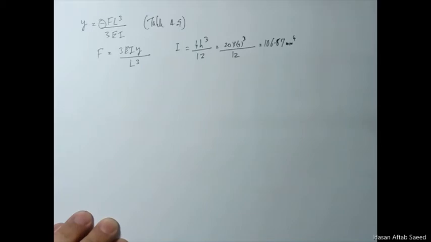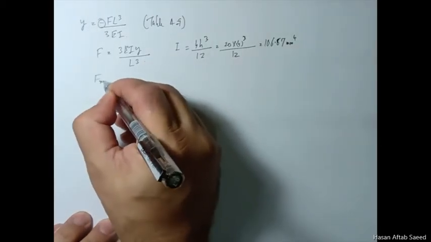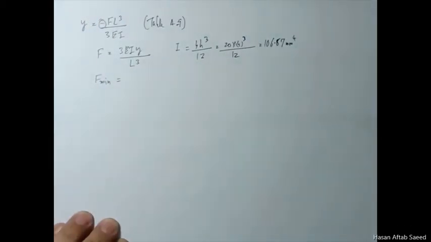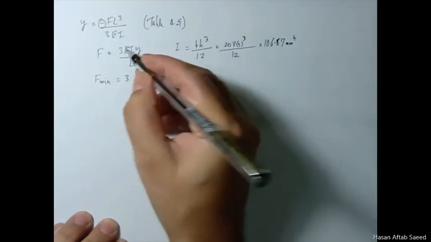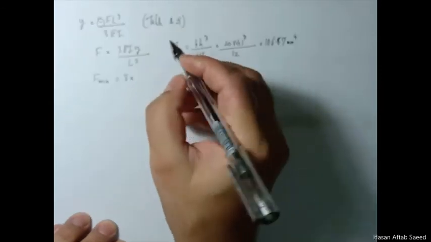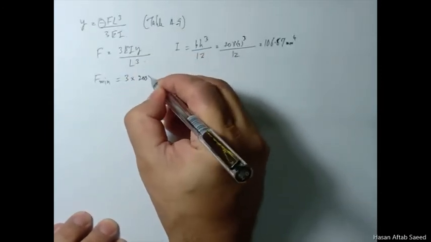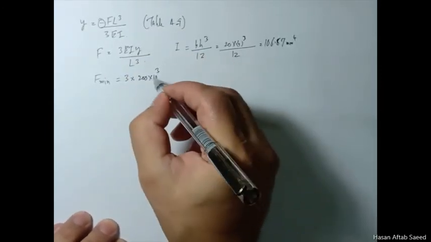Now F min, the preload part, that is simply 3 into E, 200 GPa, so we just write it in MPa.